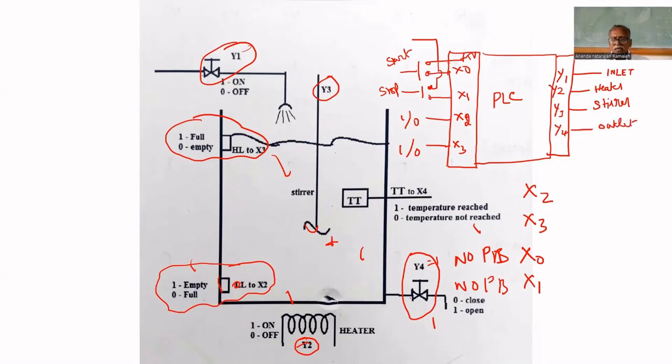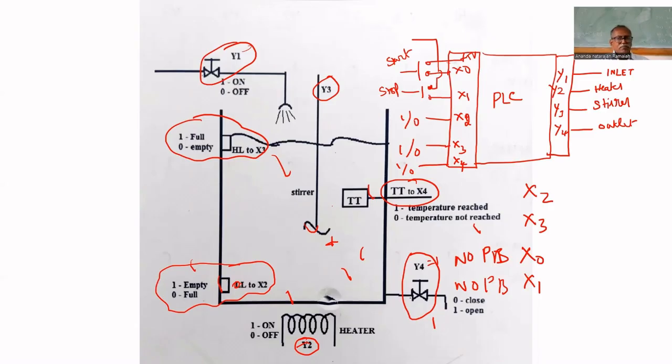Any other output? No, that's all. X4 is one more input: if the temperature is reached, the temperature transmitter will give 1. So how many inputs? X0, X1, X2, X3, X4, five inputs. How many outputs? Four outputs: Y1, Y2, Y3, Y4.